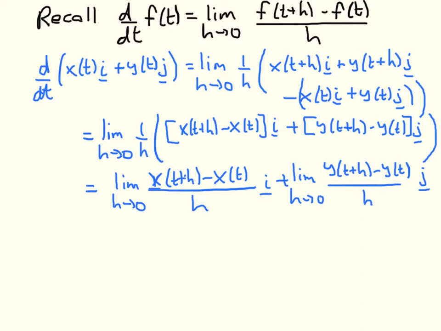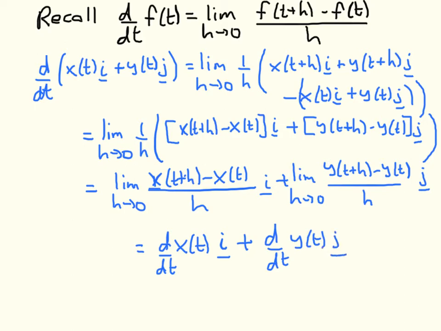And now we look at this and we see that this limit is the derivative of x of t. So what we see is that this is d by dt of x of t in the i direction plus d by dt of y of t in the j direction.